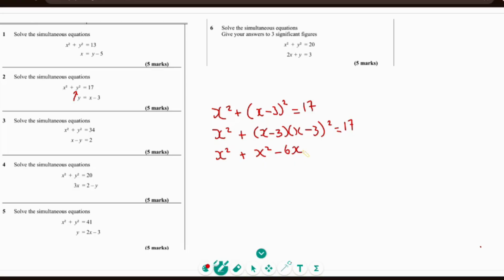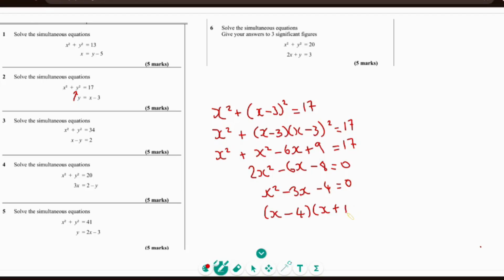Minus 3x would give you minus 6x. And then we are going to take 17 off both sides. Divide everything by 2. Factorise. Solve.